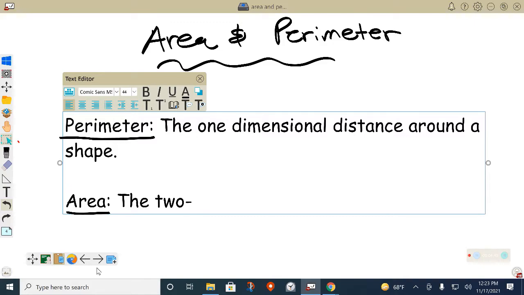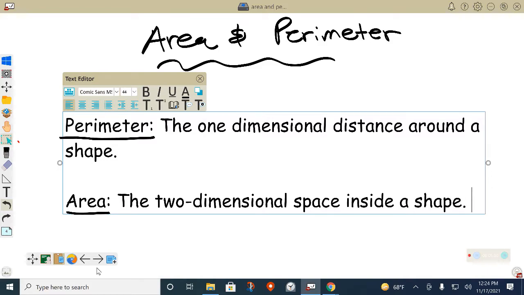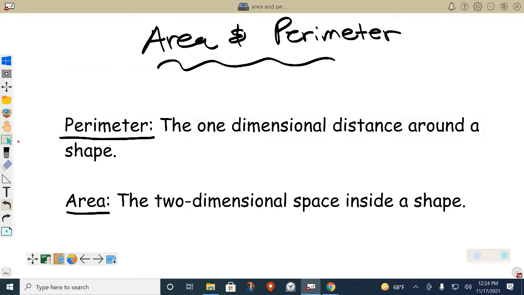The two-dimensional space. Oh no, I don't want to use area in the definition of area. The two-dimensional space inside a shape. Boom.